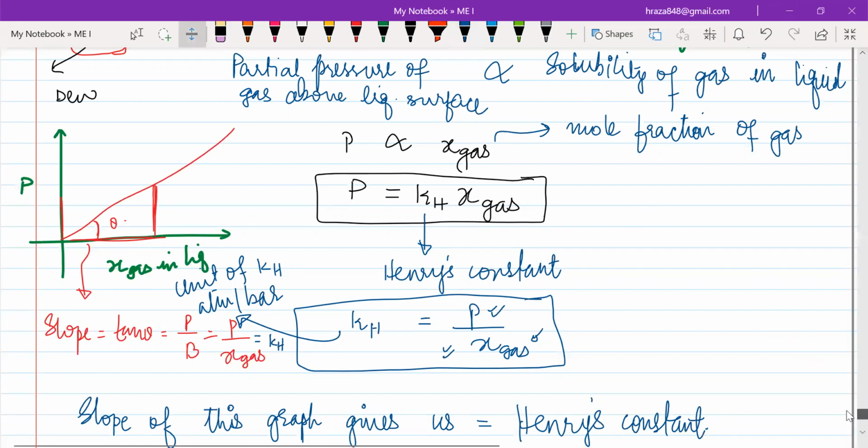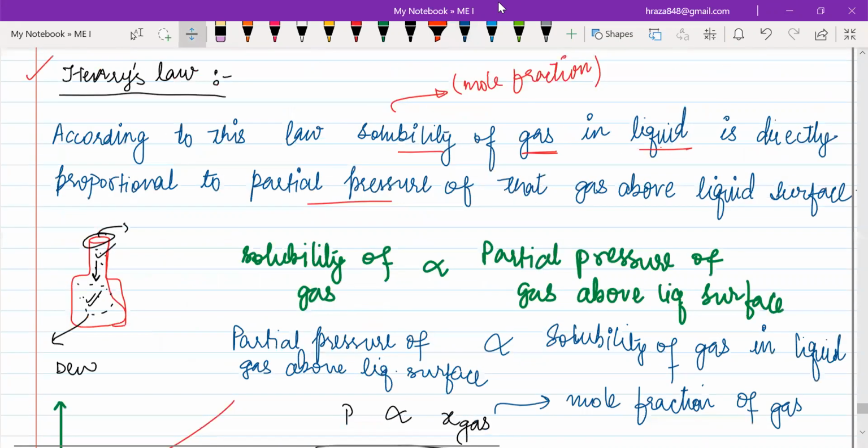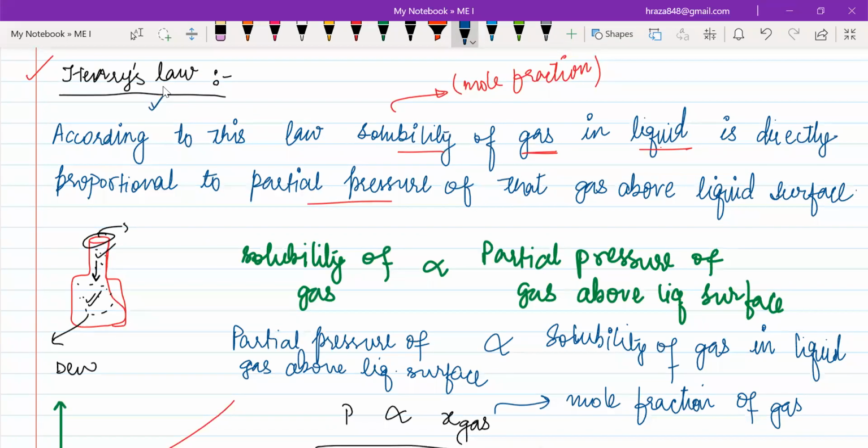So Anushka, we just started with this Henry's law. What is Henry's law? Henry's law is all about making a solution of a liquid and a gas. It says that the solubility of a gas in a liquid is directly proportional to the partial pressure of that gas above the liquid surface.